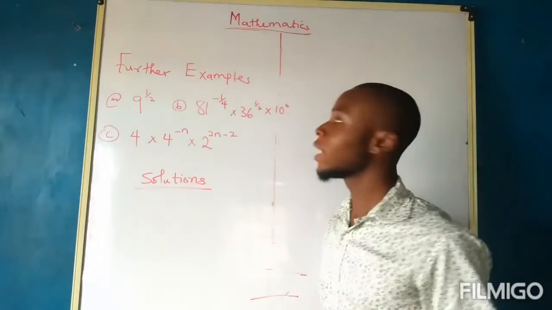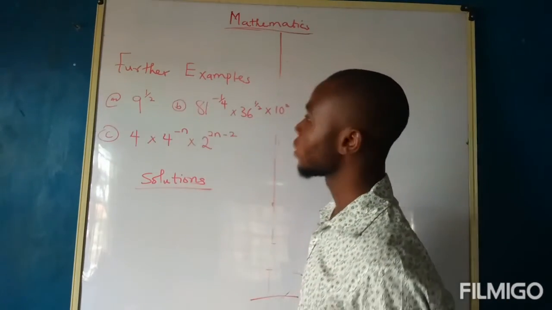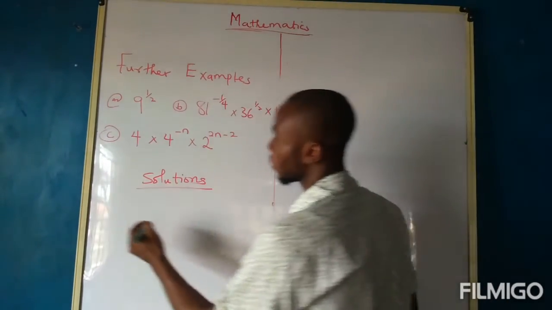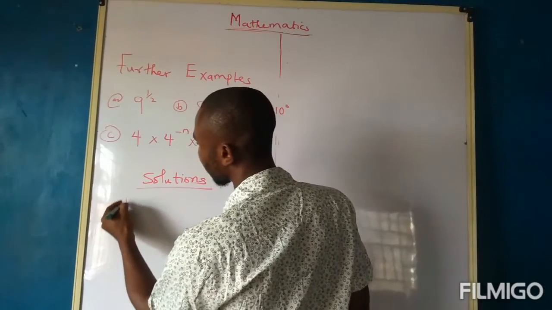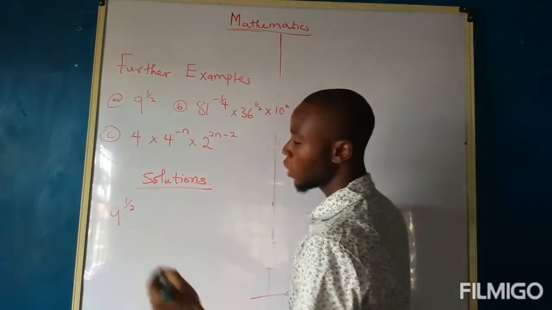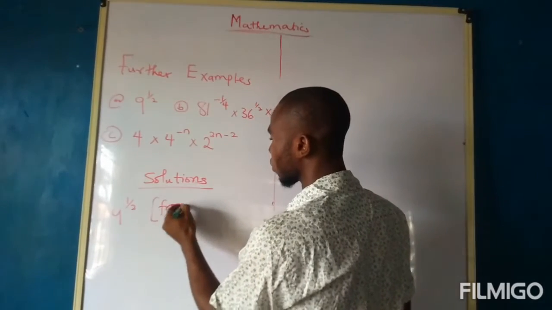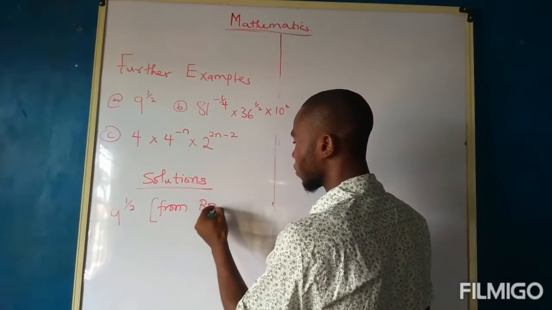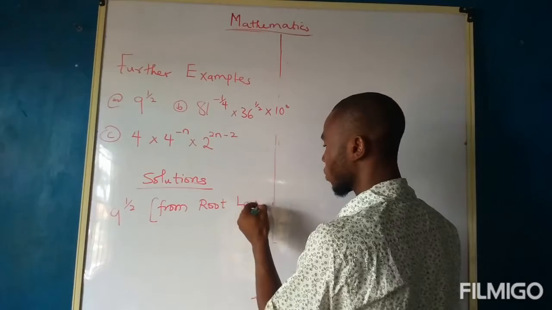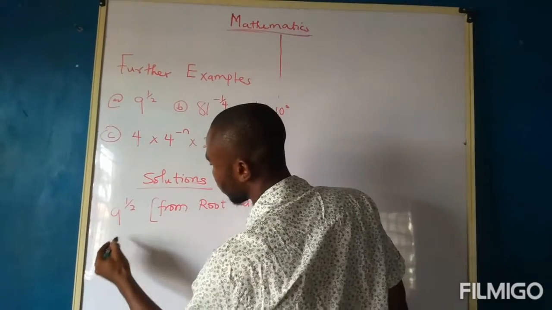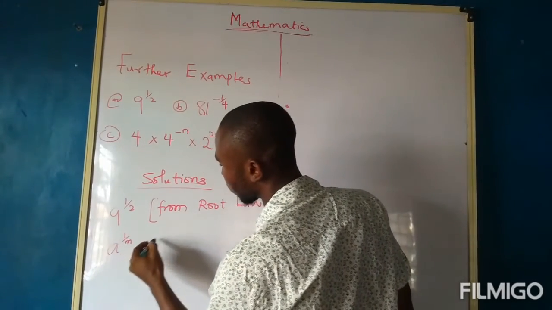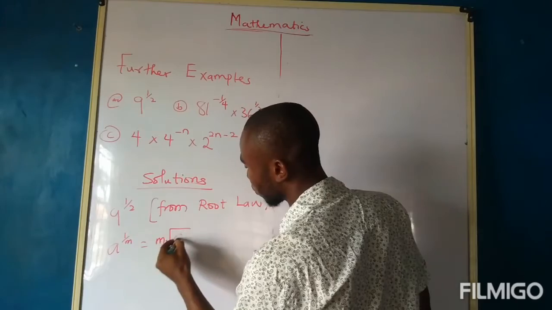Now let's look at the following questions. The first one says 9 raised to the power 1 over 2. If you don't forget, from the root law, we say that a raised to the power 1 over m is the m-th root of a.